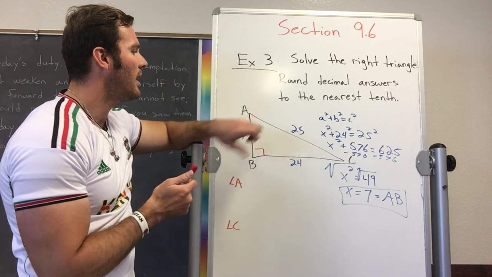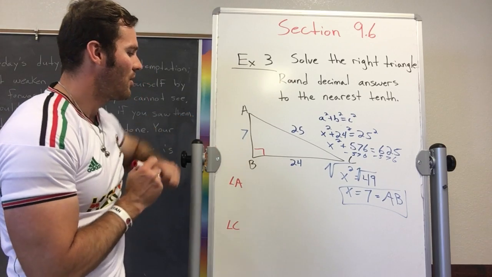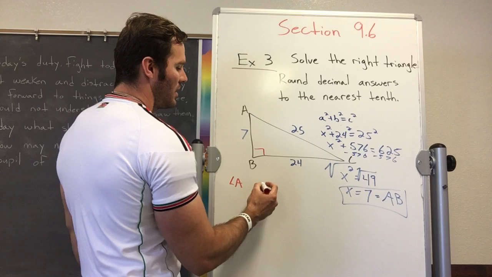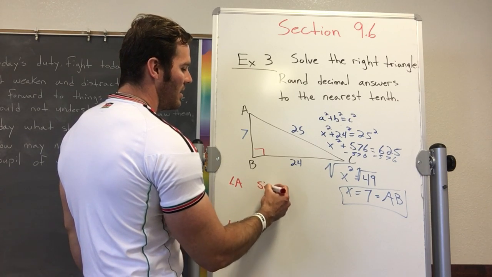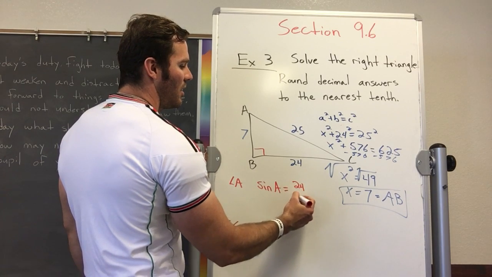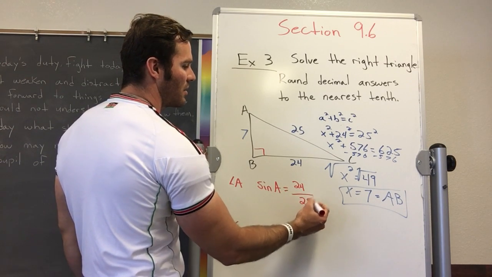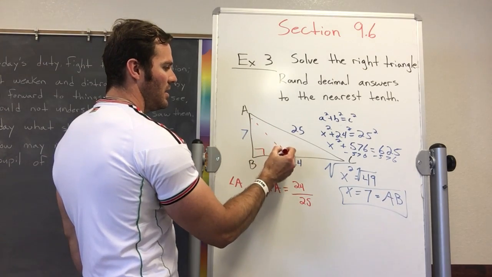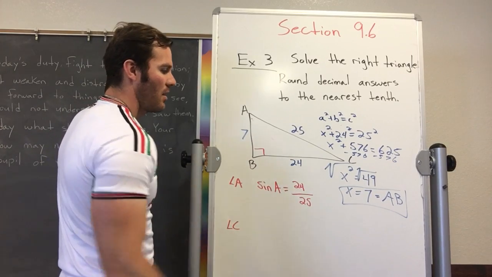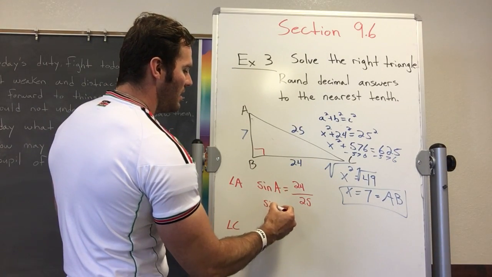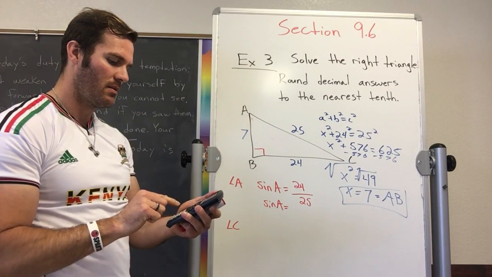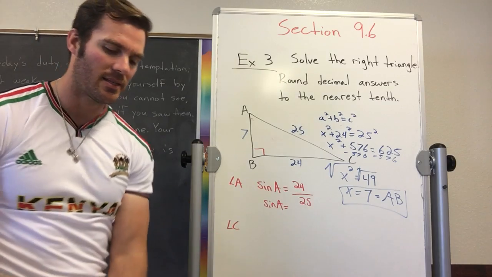Let's find A. So I can do sine A equals opposite over the hypotenuse. Okay, opposite, and then the hypotenuse is the long one. And sine A equals, we're going to get a decimal, 24 divided by 25, 0.96.